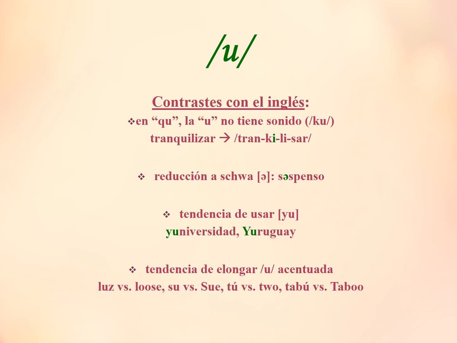Now say the Spanish word for light, repeat after me, luz. The idea is in Spanish, you're not going to elongate that vowel. That's the least of the problems though, the elongating. It's the first three that are the main issues with U.